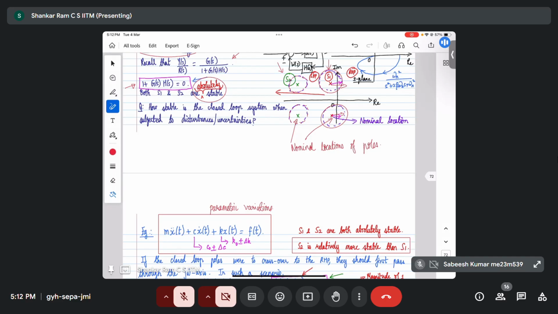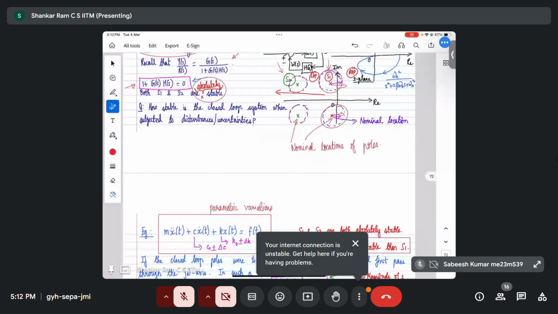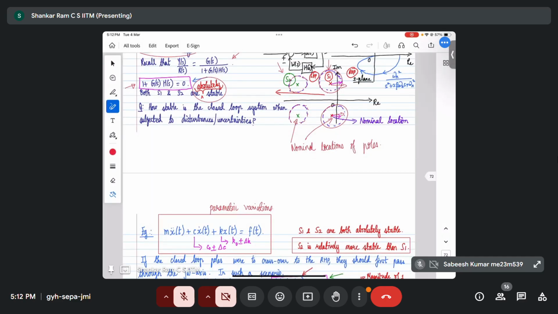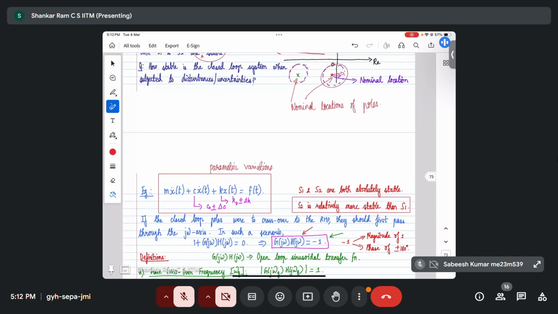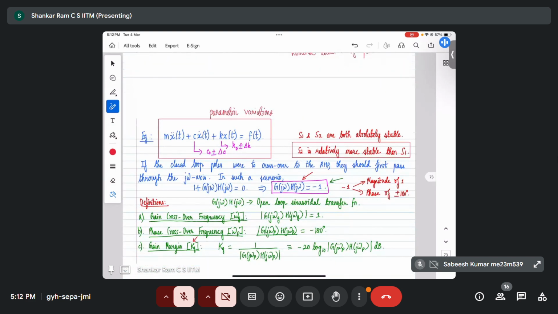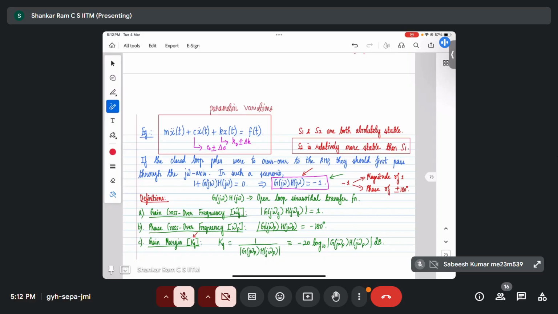In the presence of disturbances and parametric uncertainties, since the poles of system S2 lie further in the left of the complex plane, there is a lower risk of those poles getting close to the imaginary axis than S1. That is why S2 is relatively more stable than S1. So that is the notion of relative stability. I hope that is clear.